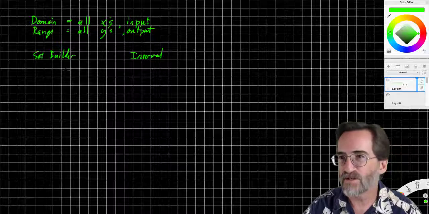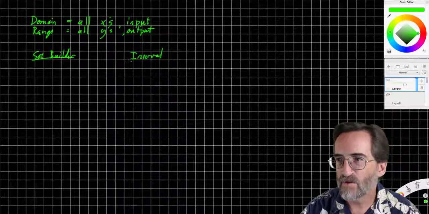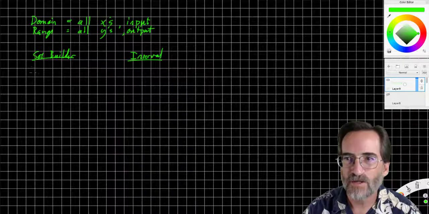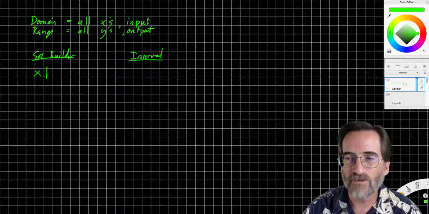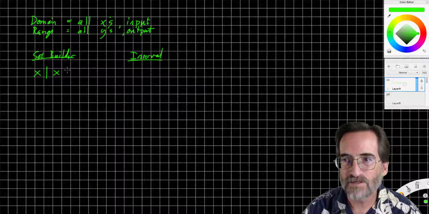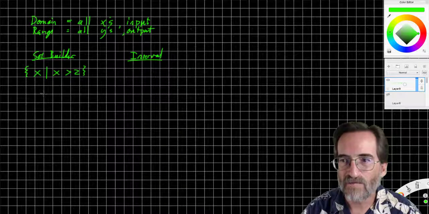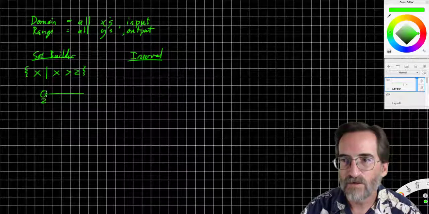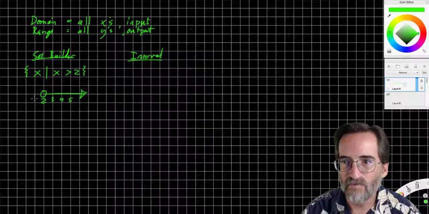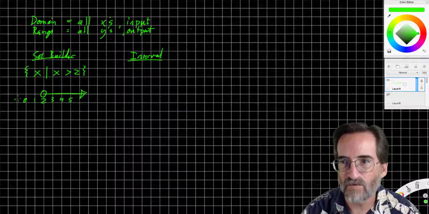This is some mathematical notation. For example, we might say we have the set of all numbers x such that x is greater than 2. That would be represented graphically as 2 on the number line, open circle, shade to the right, where 3 is here, 4, 5, 1, 0, -1, and so on.